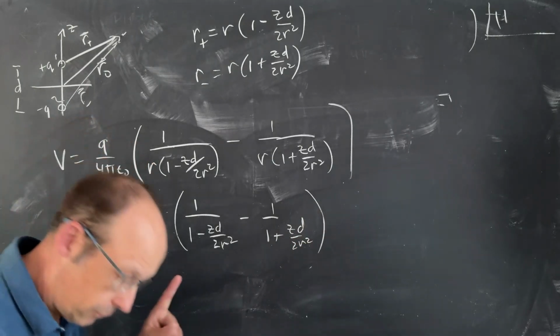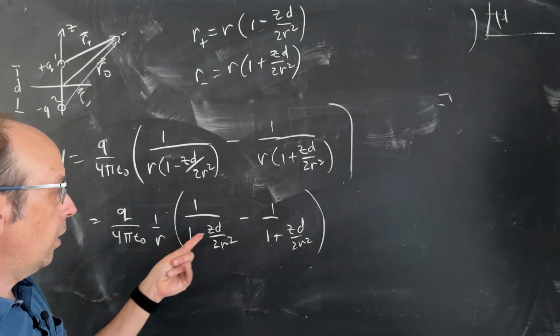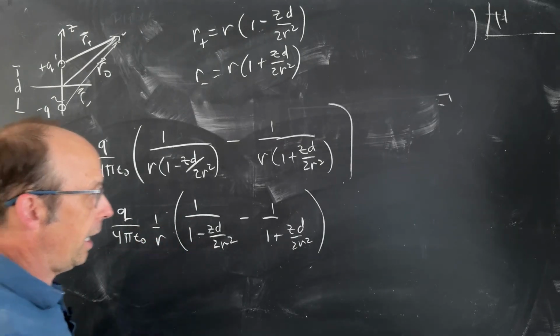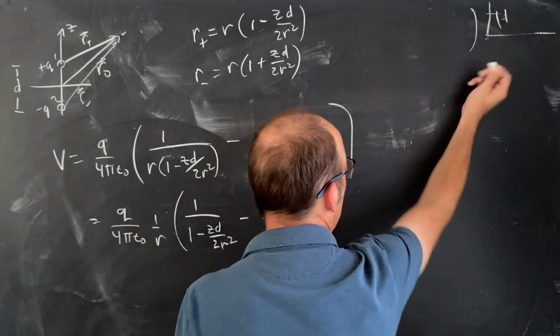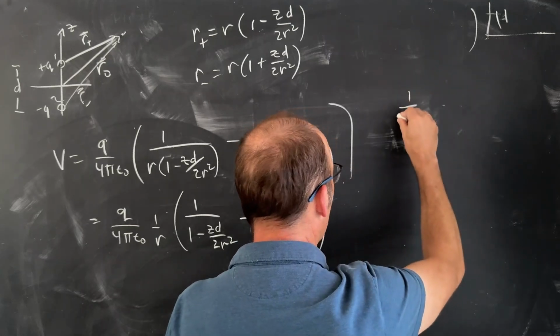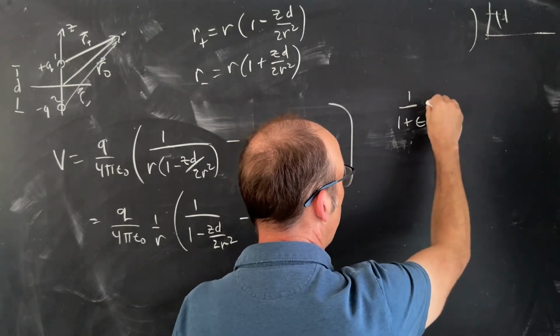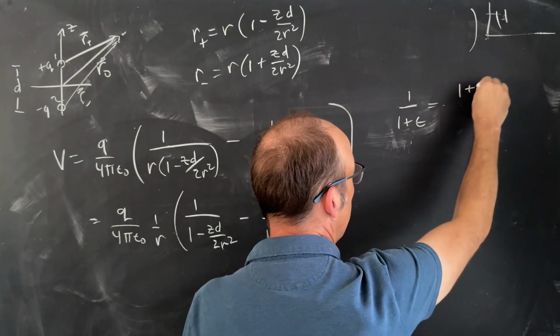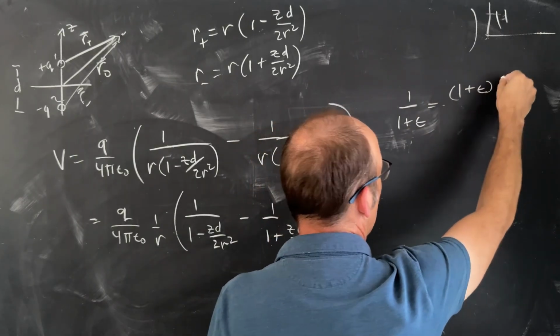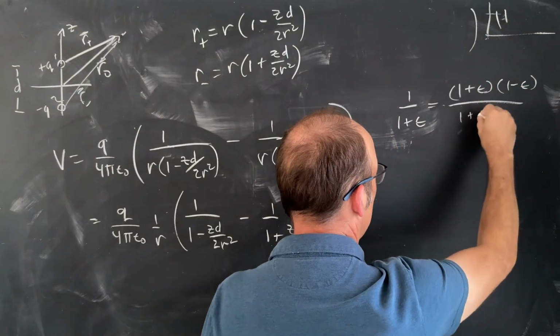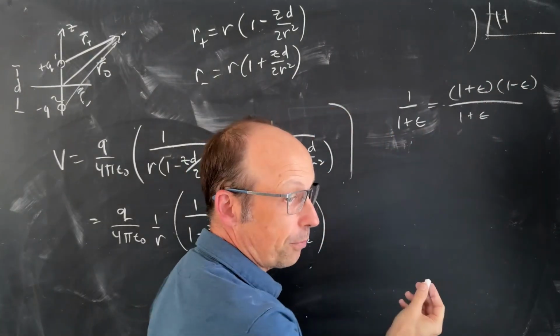Now, another trick. So again, we're assuming d is really small. So imagine that I have 1 over 1 plus epsilon. I'm going to say 1 is equal to 1 plus epsilon times 1 minus epsilon over 1 plus epsilon. So is that a good epsilon, some really small number?